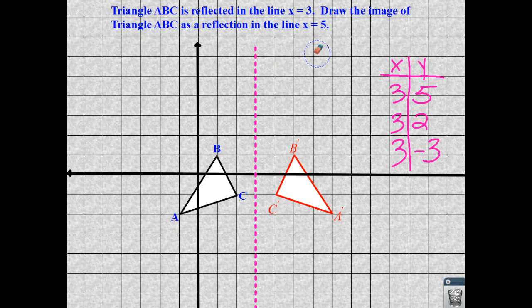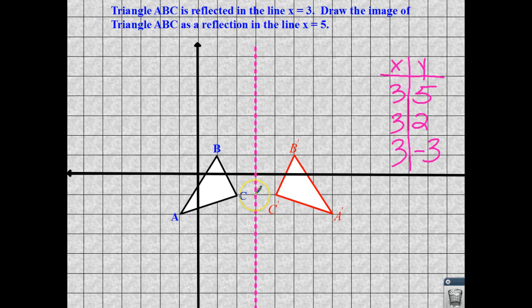And let's just take a look at that figure. We have B being 2 units away from my x equals 3 line. That's my line of reflection. So then I must be 2 units away for my B prime. Let's check the other ones.